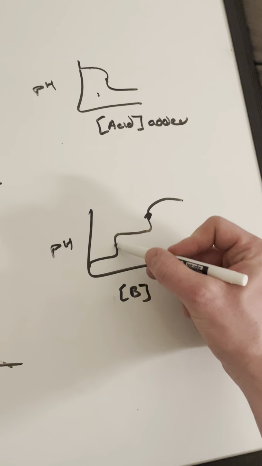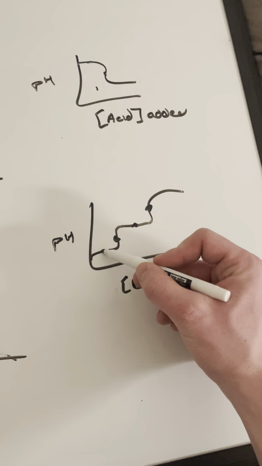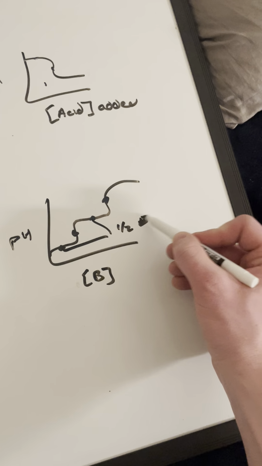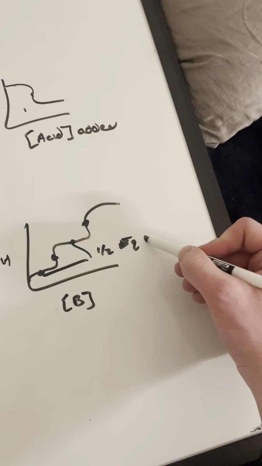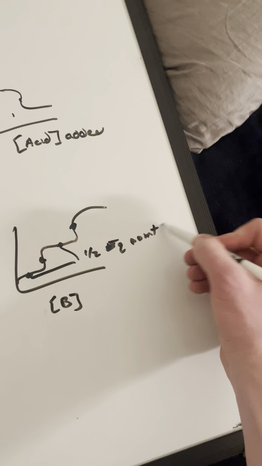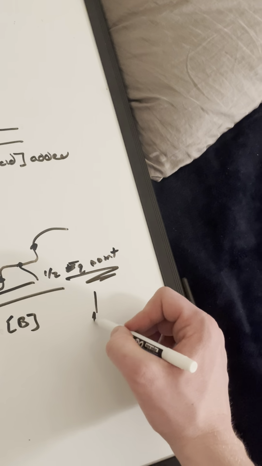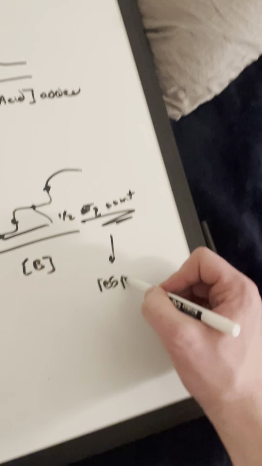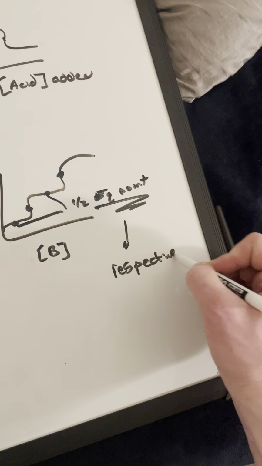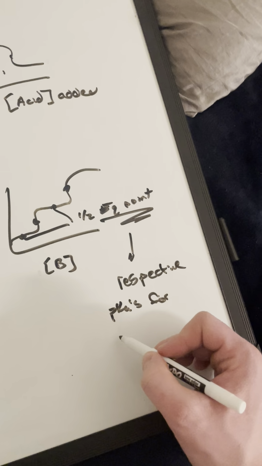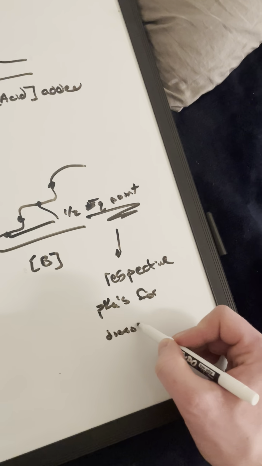So these are going to be your two equivalence points, your two half equivalence points, half EQ point, and those are going to be respective pKa's for dissociation.